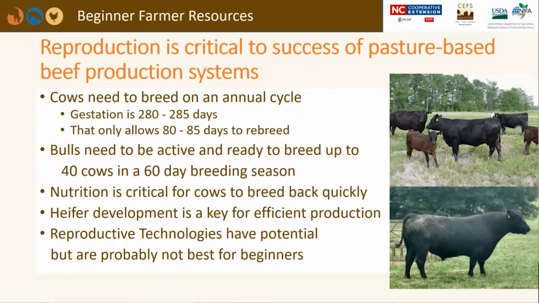These young females need to be managed well so that they can go back into the herd and become productive cows. There are many reproductive technologies out in the beef industry, and I'll present those in a little bit of detail, but they're probably not best for beginners. There are many other things about the production system that you need to learn before using these advanced technologies.